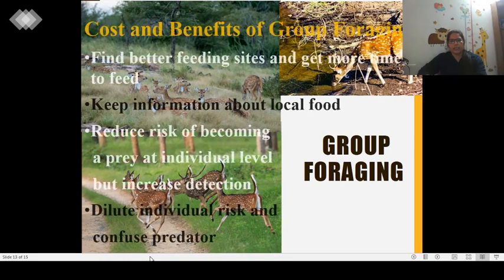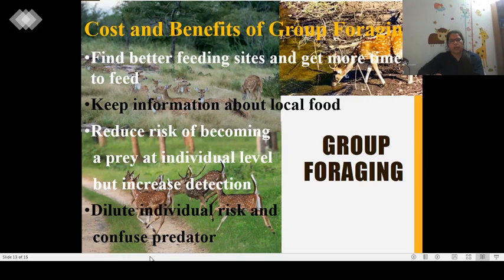As this approach has certain costs and benefits in group foraging, here we have certain costs and benefits for group foraging, which are like: find better feeding sites and get more time to feed when individuals come in groups to foraging sites.